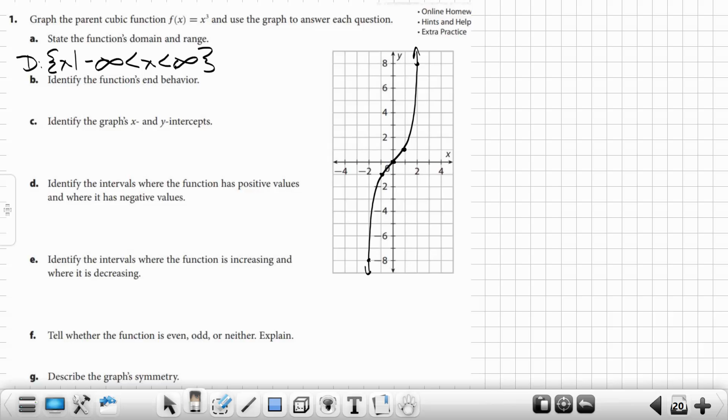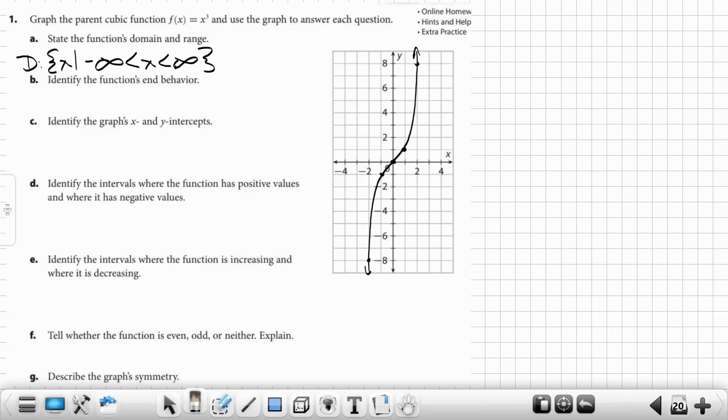And range, are we also infinite in range? So the range is also infinite in size because range is what? Your y values, possible y values, output values. Okay?